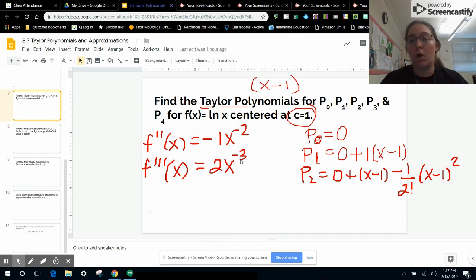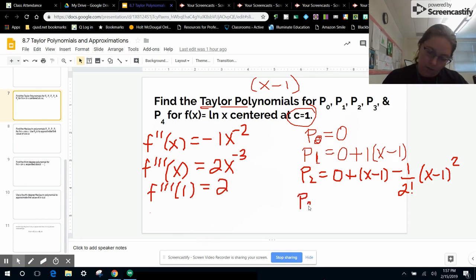And so if I plugged 1 into here, I would get 2. So P3, and on all of these I should be saying of x, P3 of x is, I'm not going to bother writing the 0 anymore.